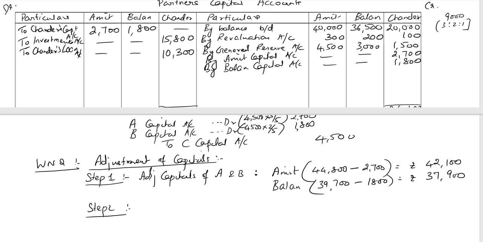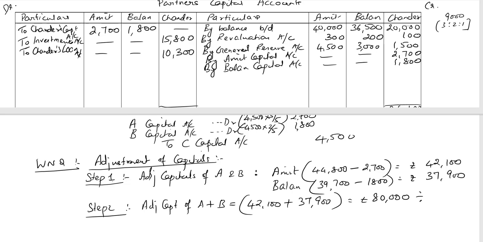Step 2 is to add up the adjusted capitals. So adjusted capitals of Amit plus Balan is equal to 42,100 rupees plus 37,900 rupees, which is equal to rupees 80,000. And this needs to be divided in NPSR. We already learned that the NPSR between the continuing partners Amit and Balan was 3:2.